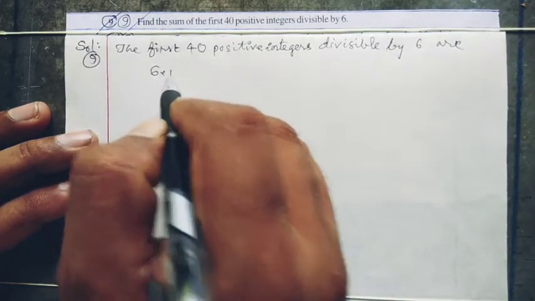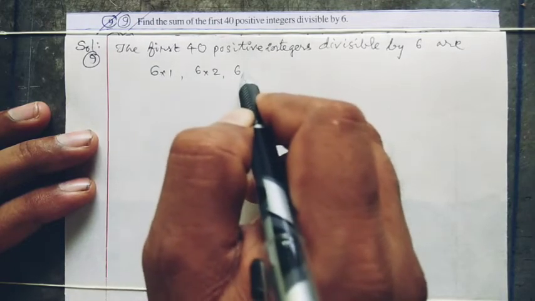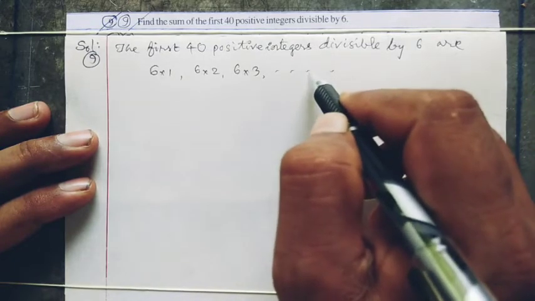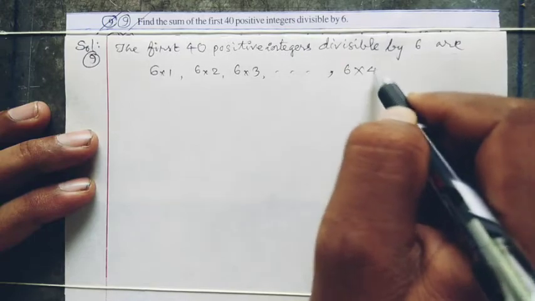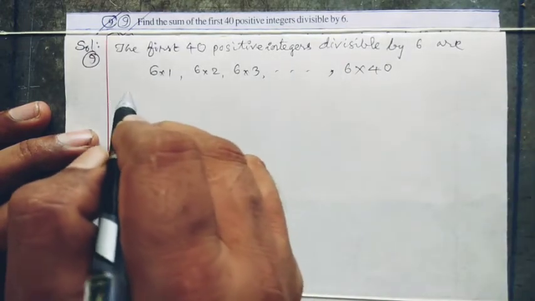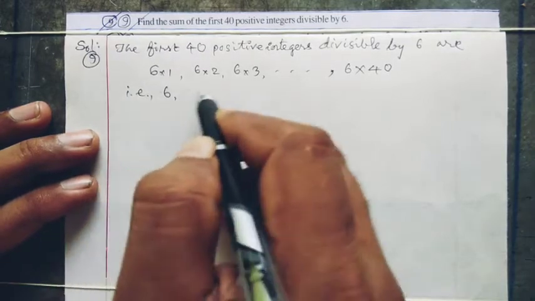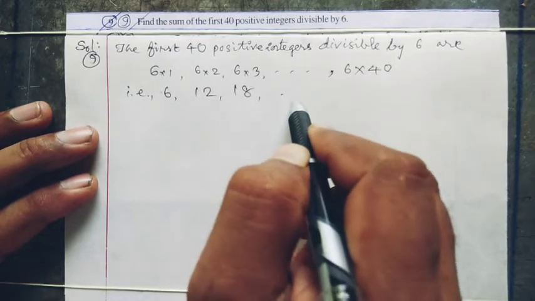6 1s are 6, 6 2s are 12, 6 3s are 18, and so on.